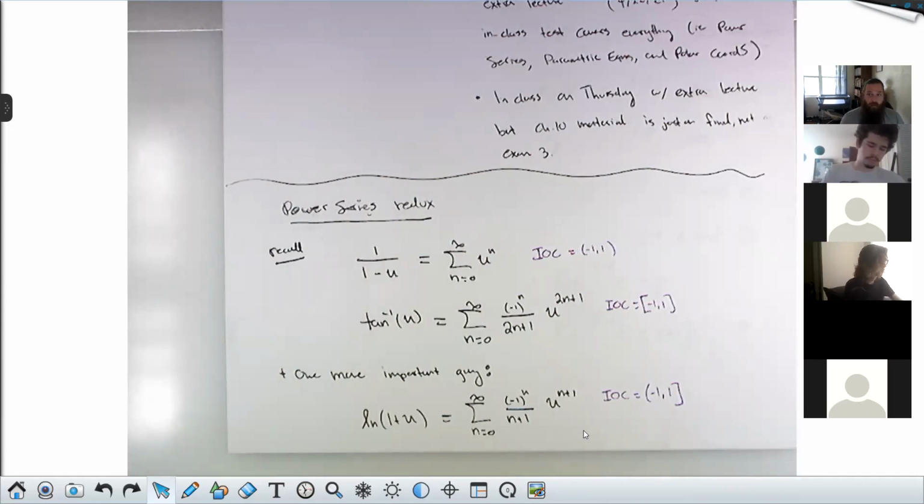You want to know what's the millionth digit of pi? You plug in 1 to this series, that'll give you pi over 4. So multiply that by 4, and then use your estimation theorem for alternating series to get whatever level of accuracy you want. It's a really nice tool, and it's what Newton and Leibniz would have used to approximate pi back in the day. Since we've developed some faster converging series like this, but it's very nice.